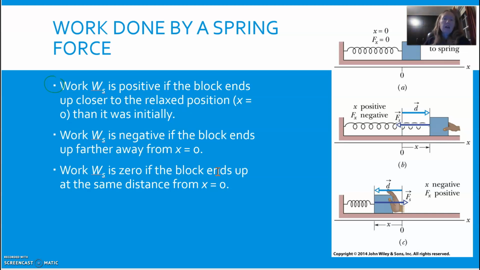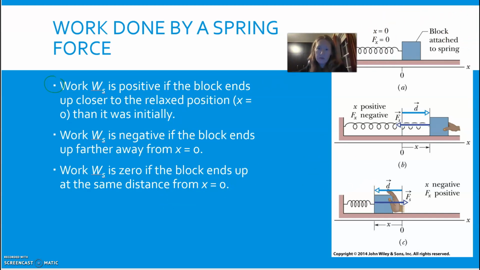And then, of course, if the block ends up right where it started, then work done by the spring is 0. So we'll stop there, and we're going to be doing some problems where we can calculate this or where we can compare one state to another. All right.